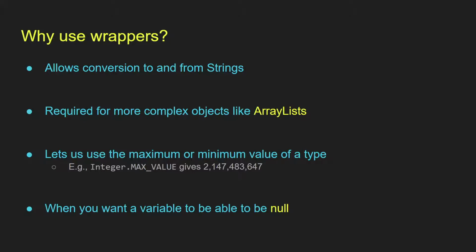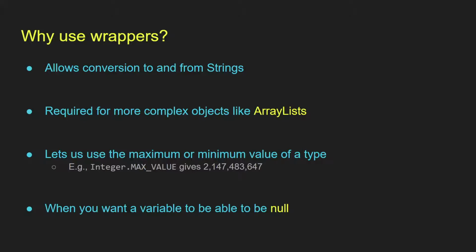So you can't use a primitive type like an int for these complex objects. You'd have to use the wrapper, which acts like an int, but is an actual class type. It also lets us use the maximum or minimum value of a type, like Integer.MAX_VALUE gives us the maximum int value that we could possibly have, which is about 2.1 billion.